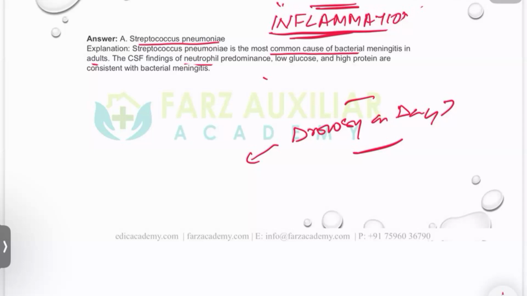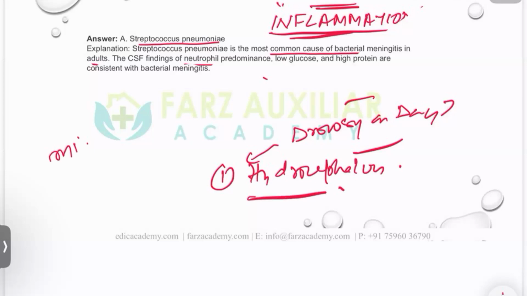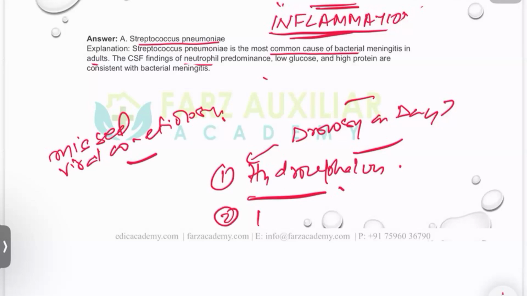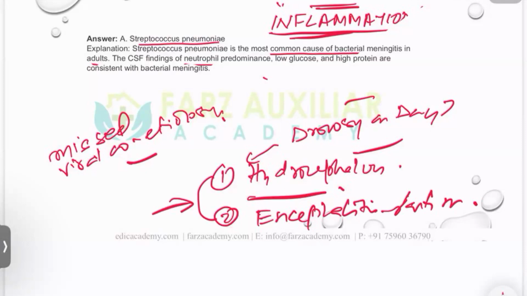Very good. What could be the other cause? You missed viral co-etiology. Because the CSF led us to a picture of pyogenic meningitis, this patient may have developed encephalitis later on. So, whatever it is, you will repeat an MRI.